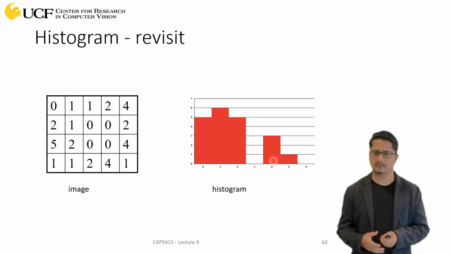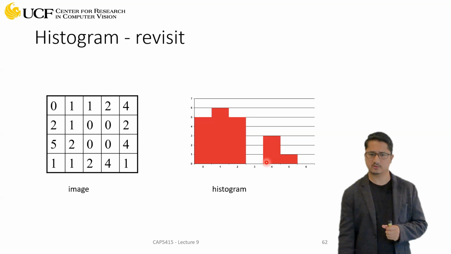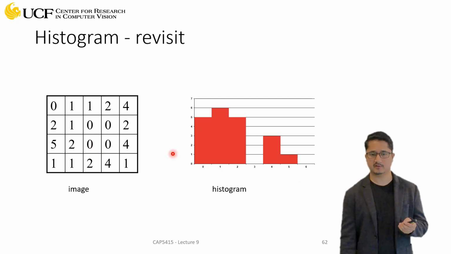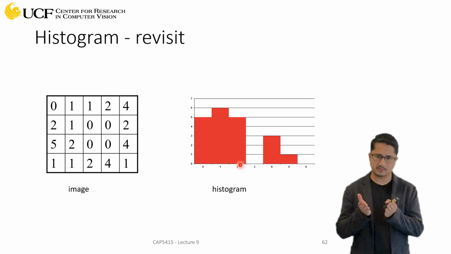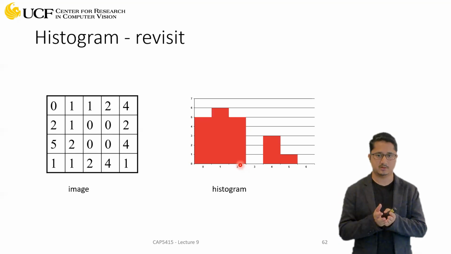And of course, there are a lot of variations. One variation could be, what if you are not interested in having too many bins? In this case, if there are 6 possible values, then you have 6 different bins, one bin for each value. You can actually try to club these bins together.